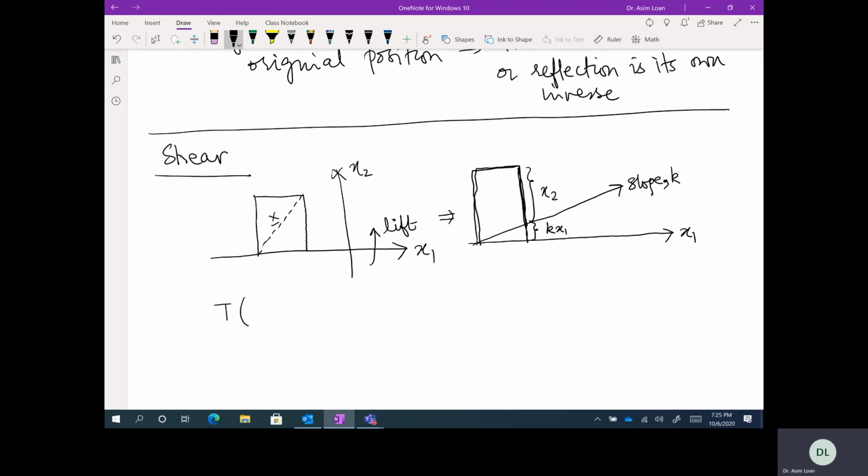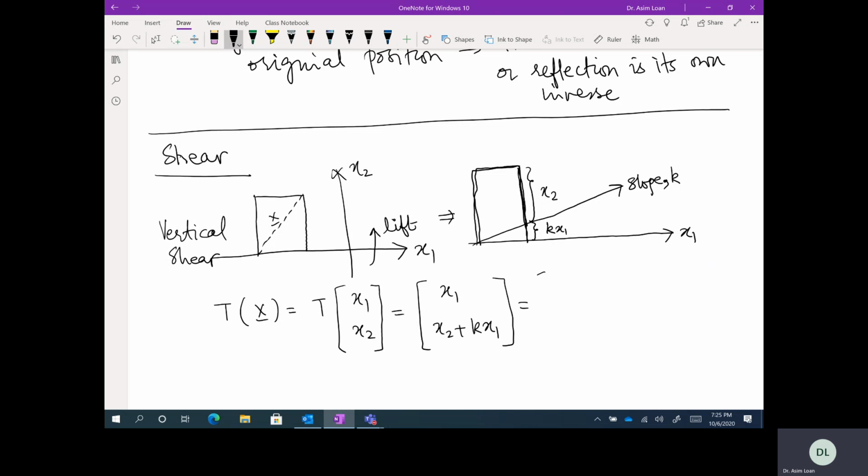So this is the vertical shear. T times x is simply T of x1, x2, and this is equal to x1, and x2 plus k times x1, which I can write as the matrix 1, 0, k, 1 times x1, x2.